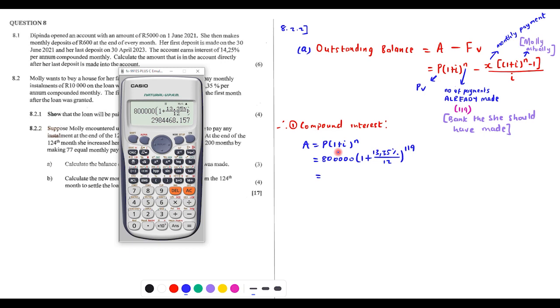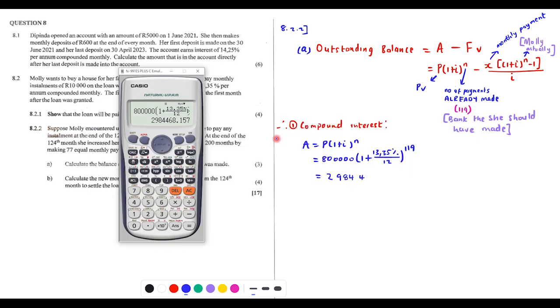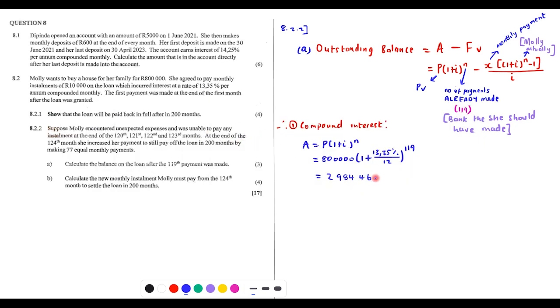And so our answer is going to be, let's see, 2,984,468.16. All right, so that is the amount when you look at it in terms of the compound.